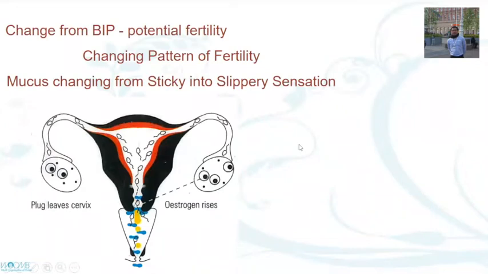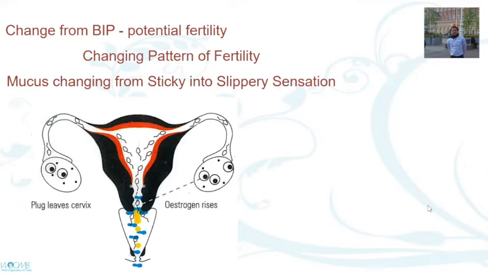So now, after the BIP, there is what we call the changing pattern of fertility, meaning the start of the production of the mucus. According to Doctors John and Evelyn Billings, mucus must change, from a sticky sensation ending with a slippery sensation.